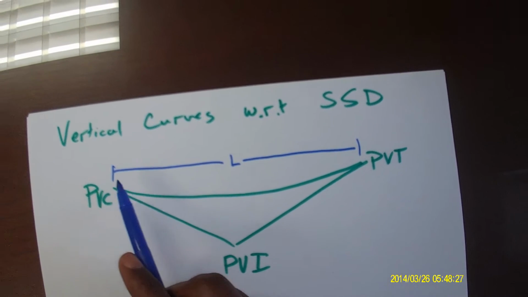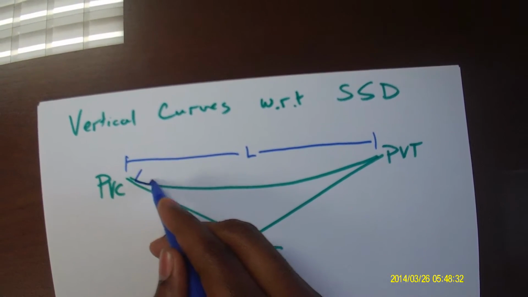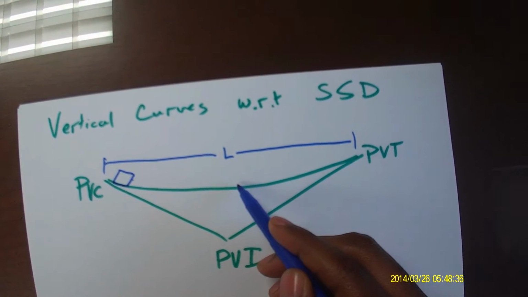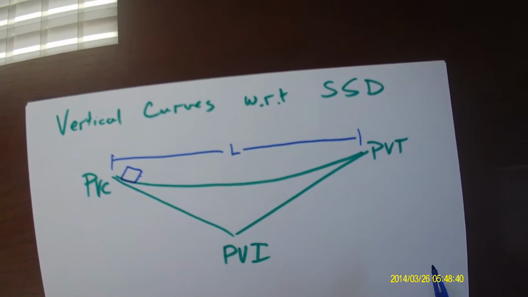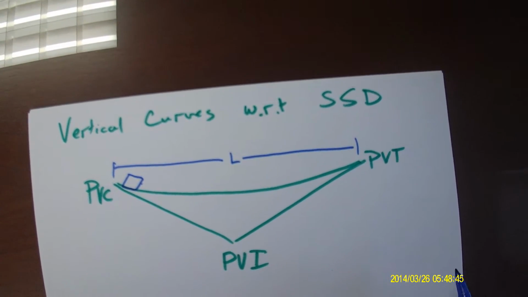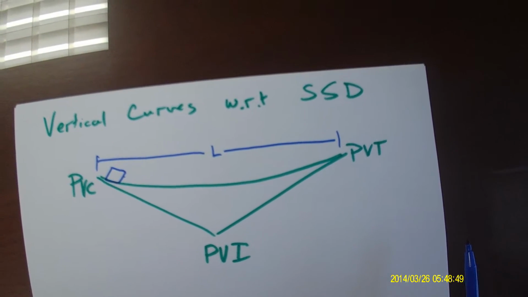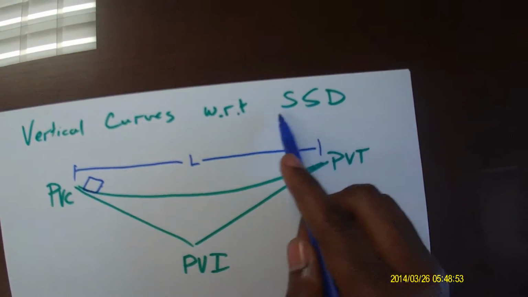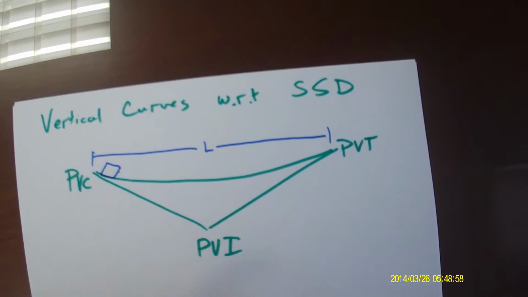We want to make sure that this length is sufficient for any vehicle traveling on the road to be able to stop and not have their sight line obstructed by anything. So that length does have its limits, and the only way you can figure out what that length is for a certain speed is to design your vertical curve with respect to a stopping sight distance.